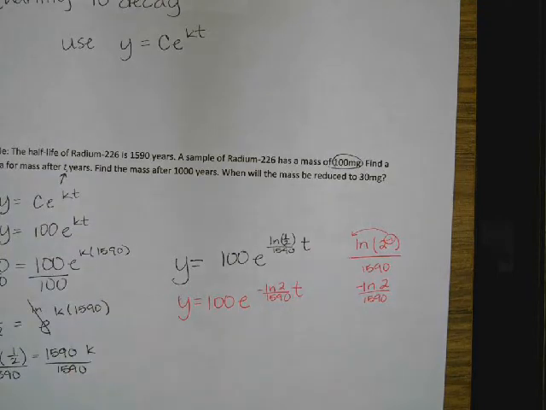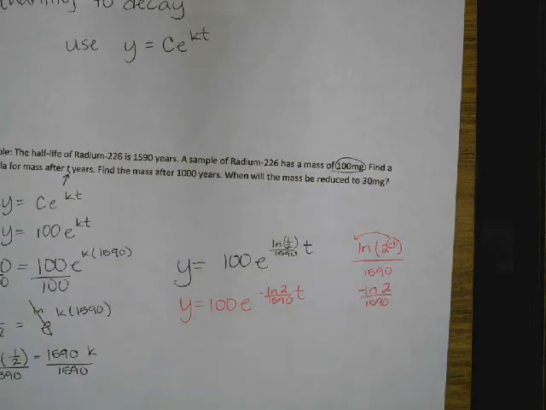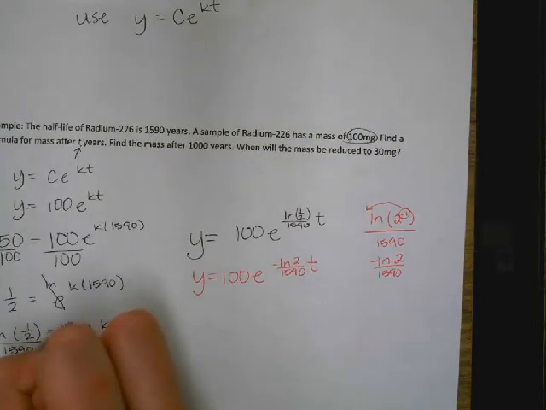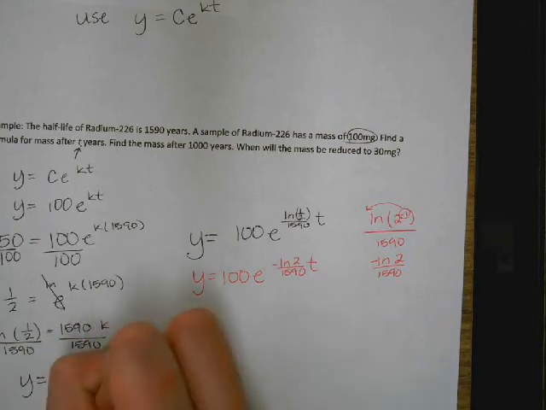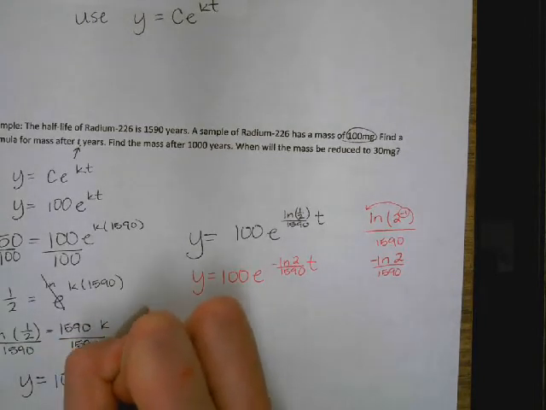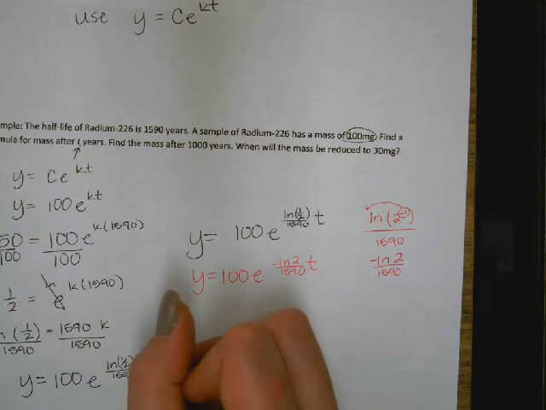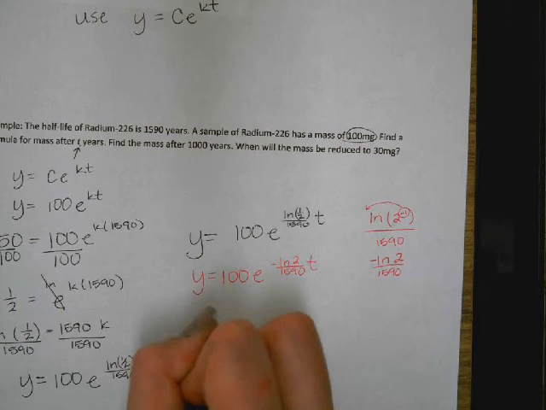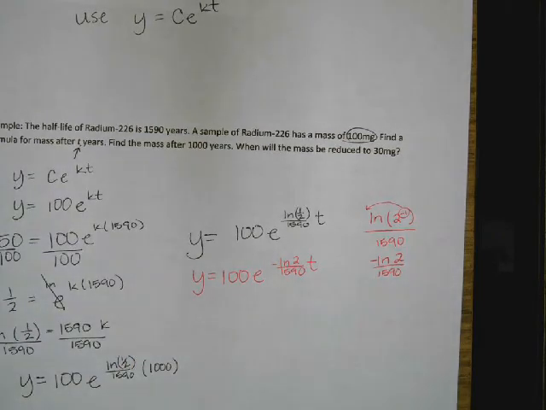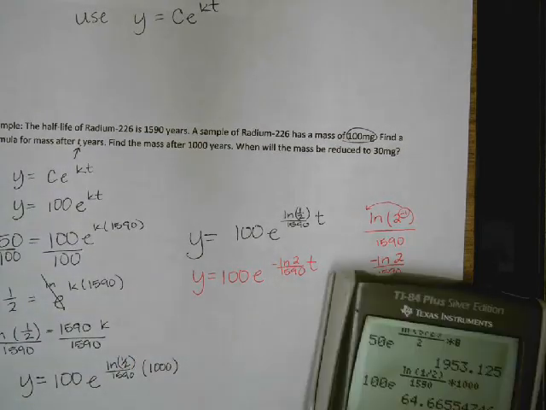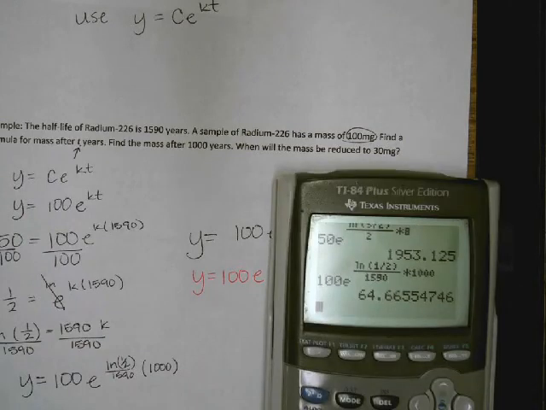Okay, so next we want to answer the second question in there, which was find the mass after 1,000 years. So I'm going to say y equals 100 e to the ln of 1/2, or you could use the other one if you wanted, times 1,000. And that is 64.666, it looks like.